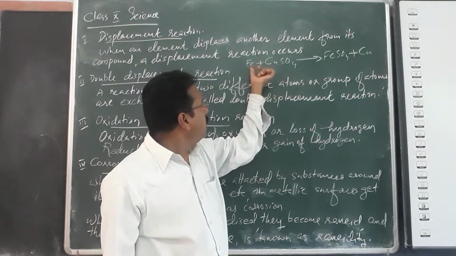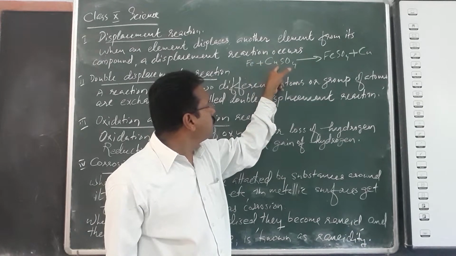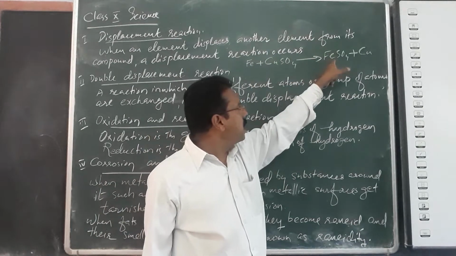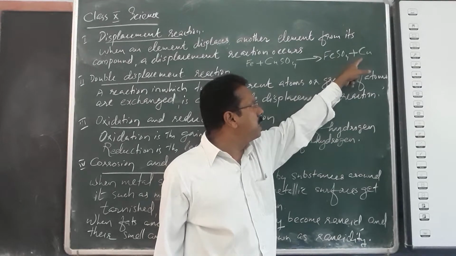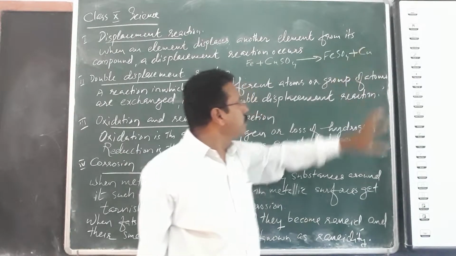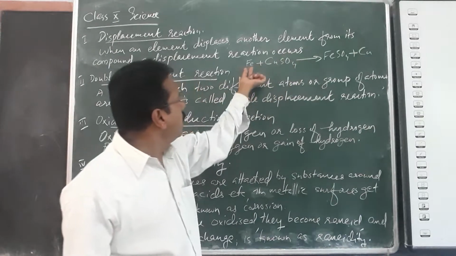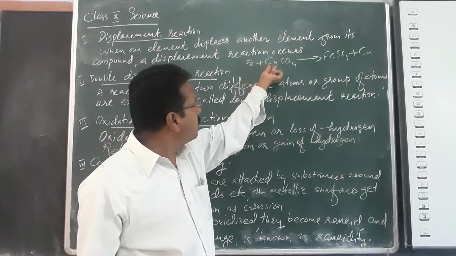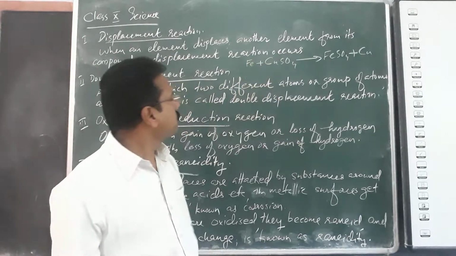Here iron displaces copper, iron sulfate is formed and copper metal is eliminated. Copper is free. Which element is displaced? Copper is displaced by iron.